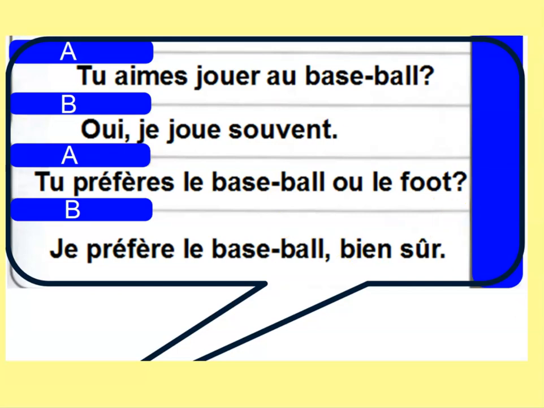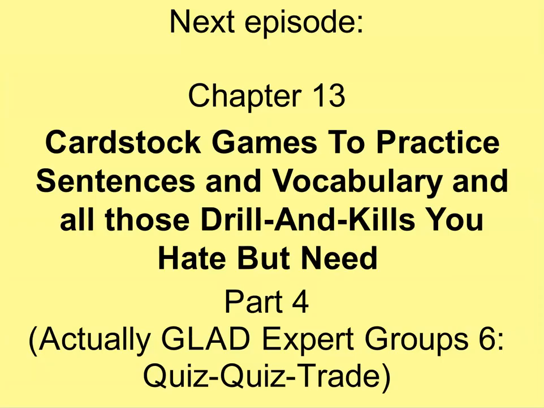But they have the crutch right in front of them, so their affective filter isn't raised. After 1 week, I'll say, if you can memorize it, I'm going to give you an extra point, because they do have 5 minutes to memorize it.